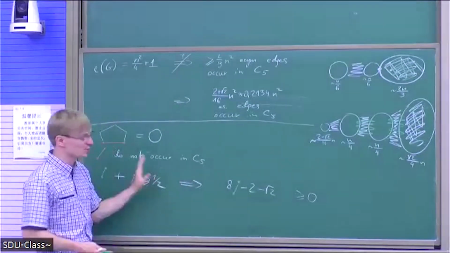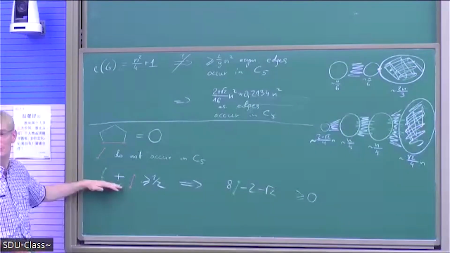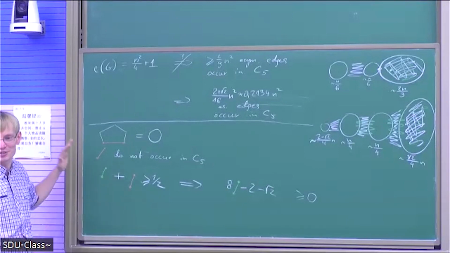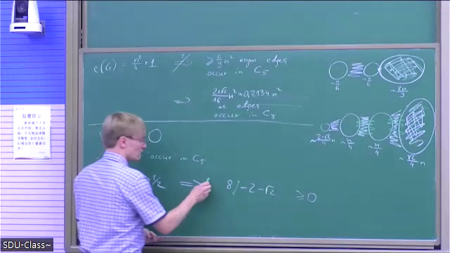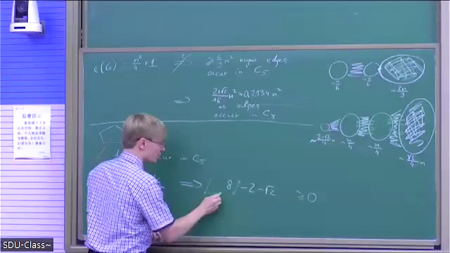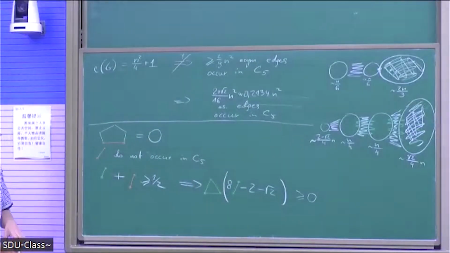Of course, it's not possible because with this assumption, I can have, for example, a complete bipartite graph, which has no edges in 5 cycles. But what we can achieve is the following inequality.